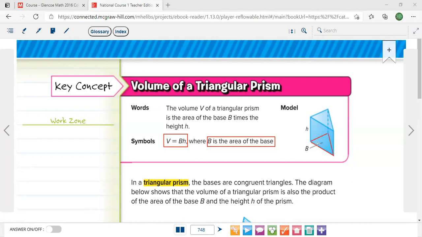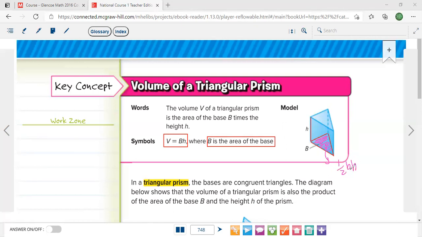After you find the area of this base, you are going to multiply it by the height. So find the area of the base, then multiply it by the height. And don't forget that this base is shaped like a triangle, so you need to remember the area of the triangle, which is half BH.